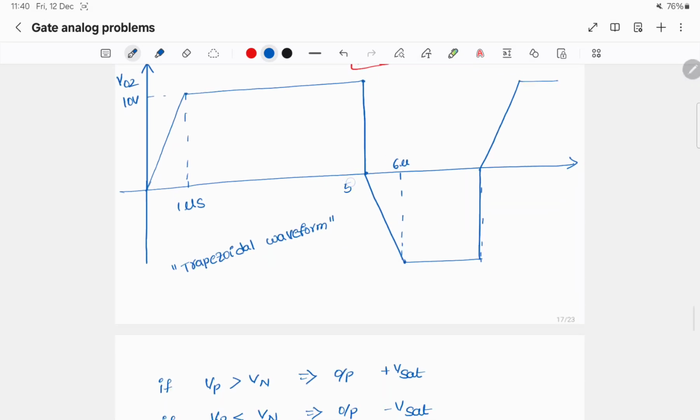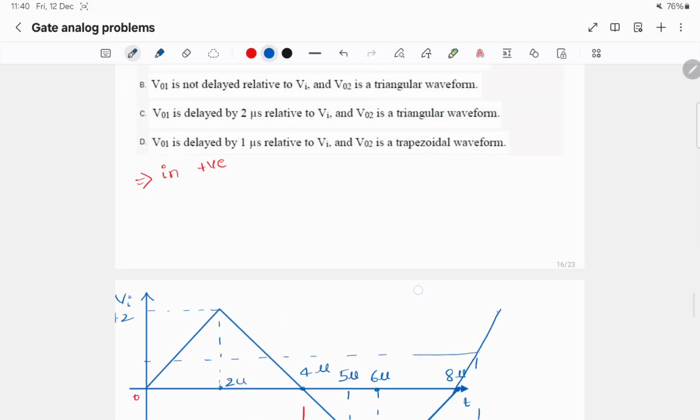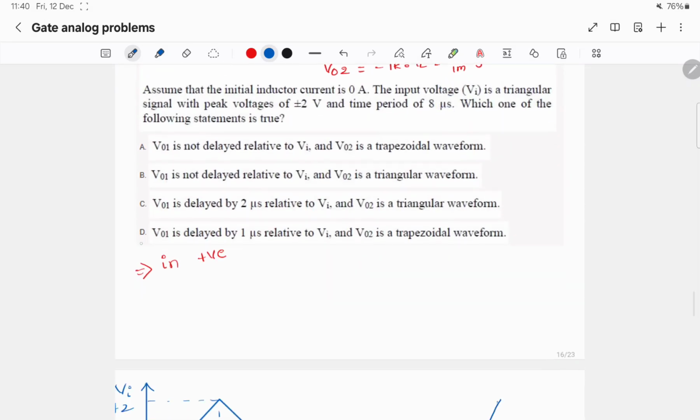So at 5 microseconds it will be 0 volts, and from 5 to 6 microseconds it will reach negative 10 volts, and then it will stay there till 9 microseconds, and then again it will go to 10 volts at 10 microseconds. So this will continue. So the output VO2 will be a trapezoidal waveform. So the answer is VO1 is delayed by 1 microsecond relative to Vi, and VO2 is a trapezoidal waveform. Thank you.